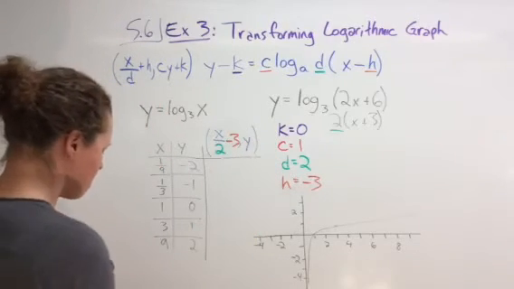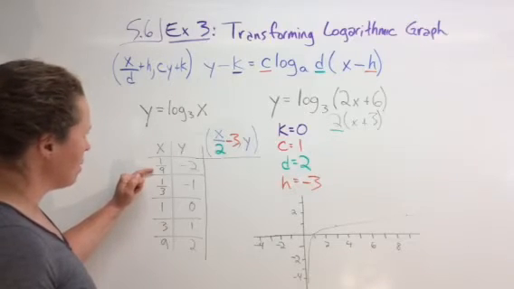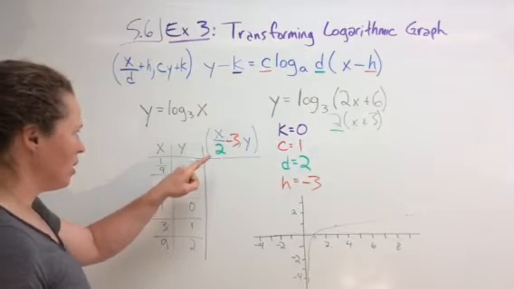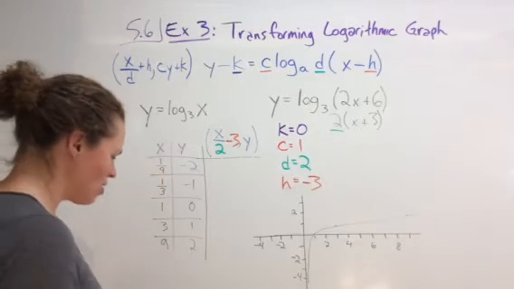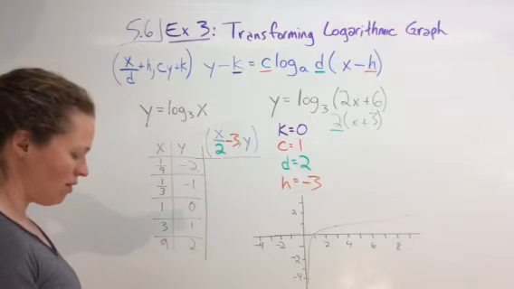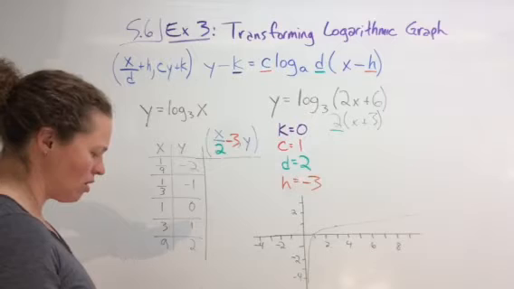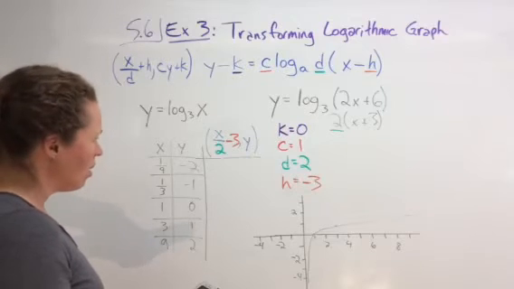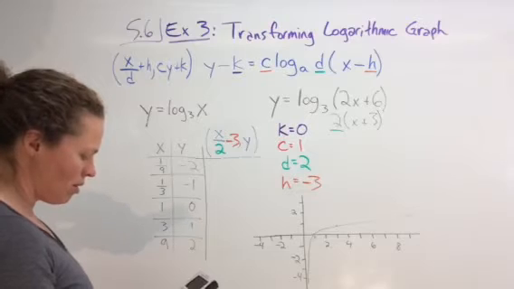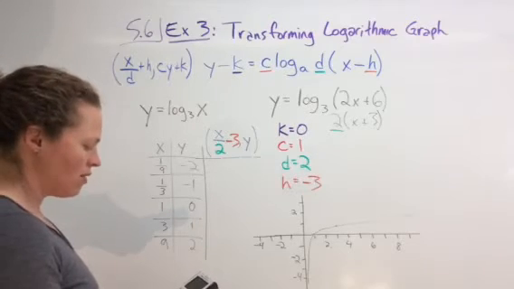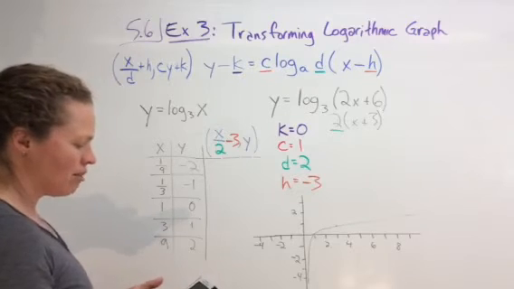So, 1 over 9 divided by 2. The 2 and the 9 are on the bottom, so it becomes 1 over 18. Minus 3, you could use your calculator for this if you want. It's going to be kind of a funky number anyway, so it's not really going to change how our graph looks. So 1 over 9 divided by 2 is 1 divided by 18, which is 0.005. Minus 3 gives us approximately negative 3.